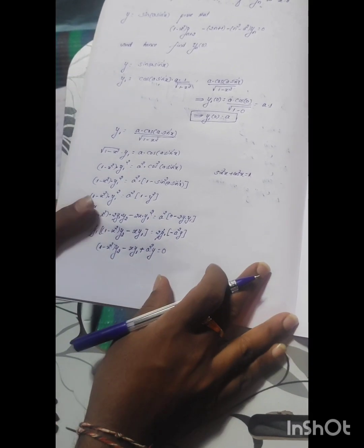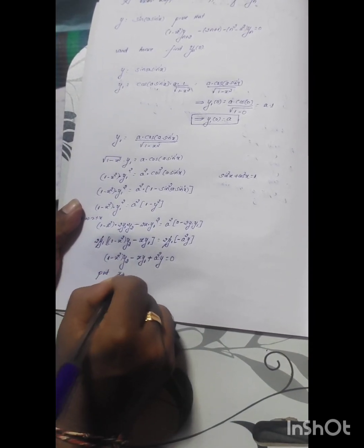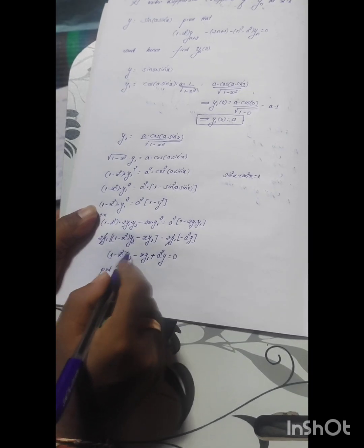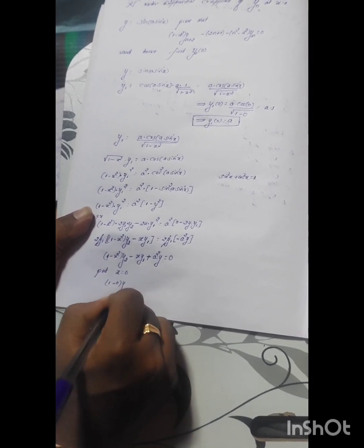So now again put x equal to 0 here, so 1 minus 0 square, that is 1, into y2.